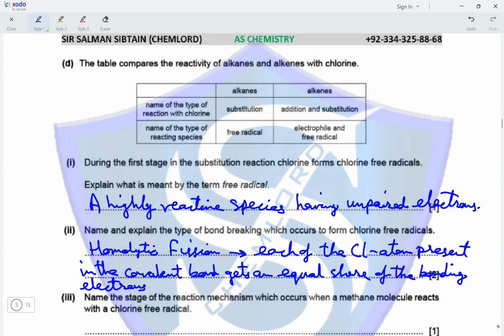So in order to better explain this, each atom gets one bonding electron to form free radicals.